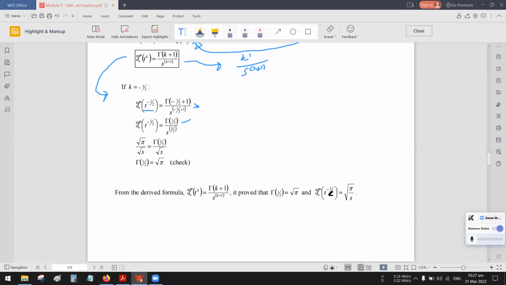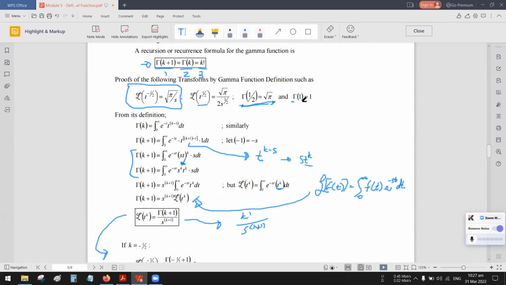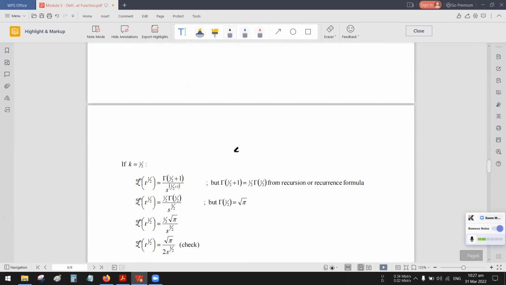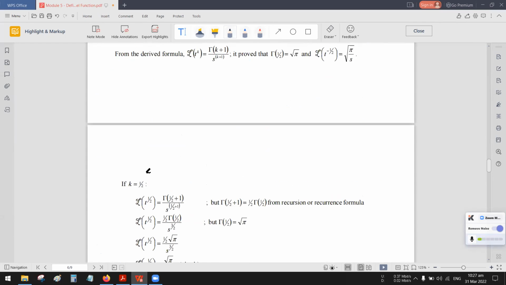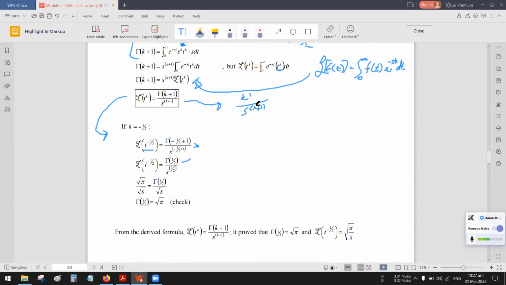And for your negative 1/2, this is just square root of pi over s. So sa positive naman niya, paano 'to nakuha yung 1? So dito tayo sa, ito yung sa 1/2, positive 1/2. We have square root of pi.